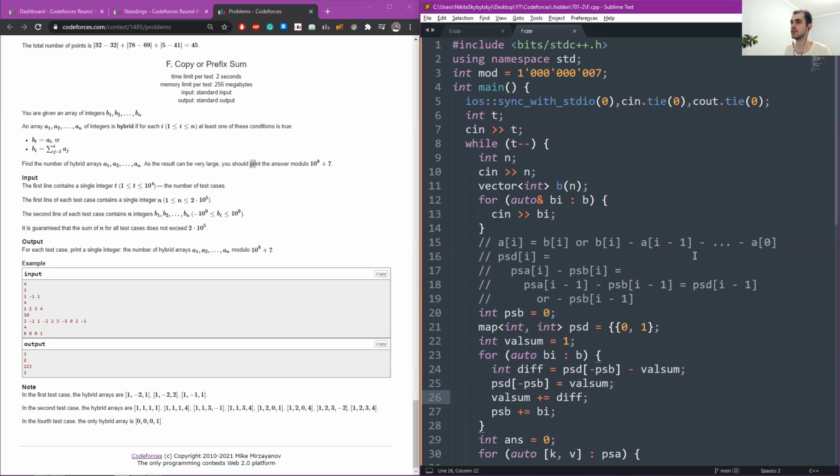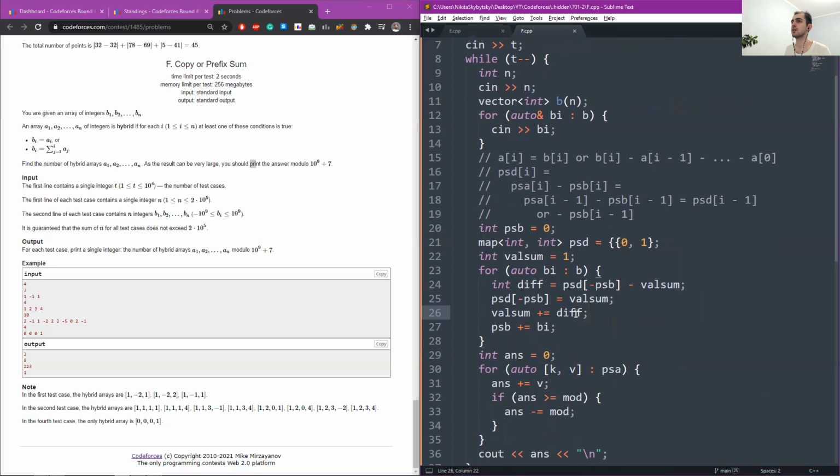Because sum plus diff is equal to prefix sum of b. Yeah, okay. If I actually subtract this from this, I end up with a bit nicer condition.